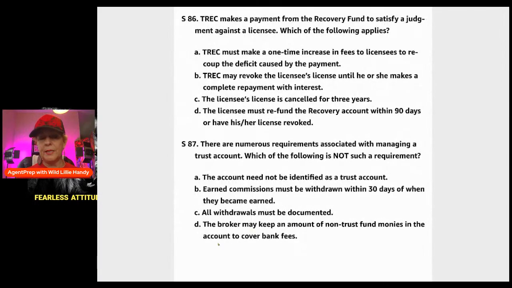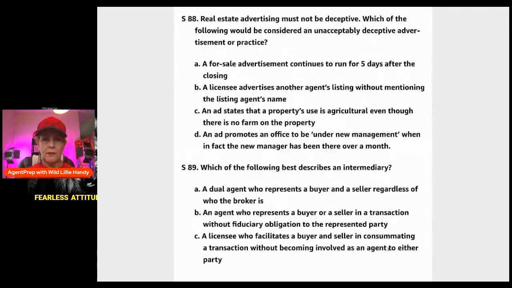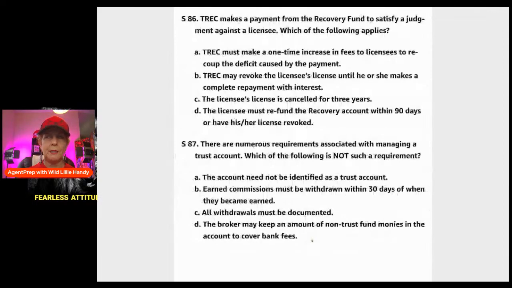Lisbeth, yes, the broker can have certain monies in there to cover bank fees. So that would be allowed and not considered commingling, even though I said it would be. But then I'm thinking, what happens if there's not enough money in there? You know how some accounts require that you have $1,000 or $500 or $2,000.